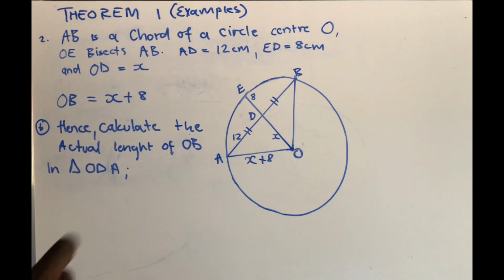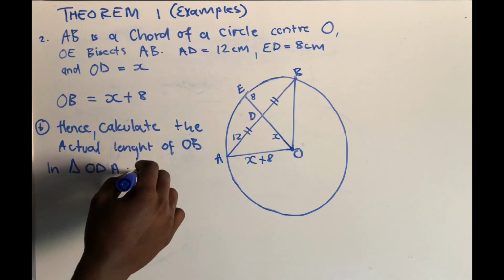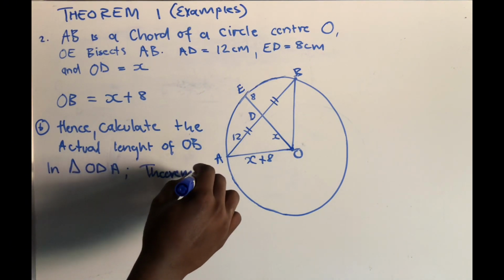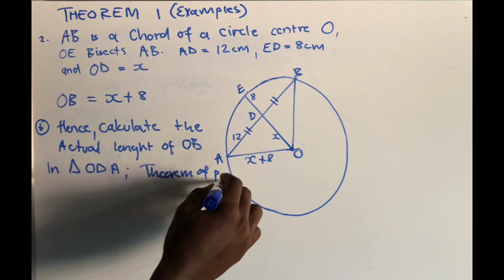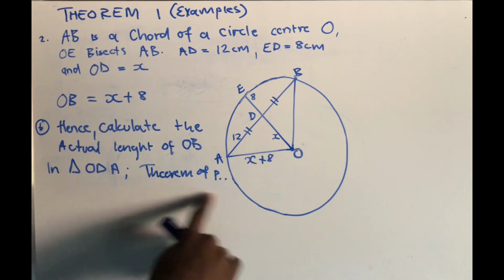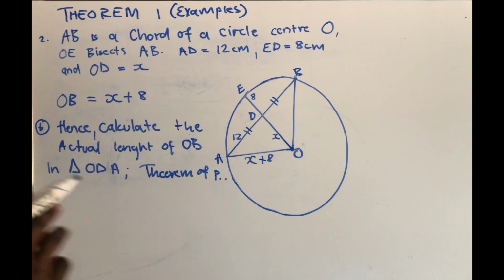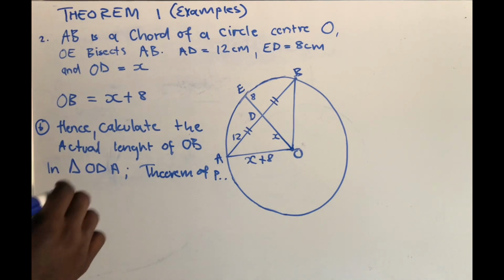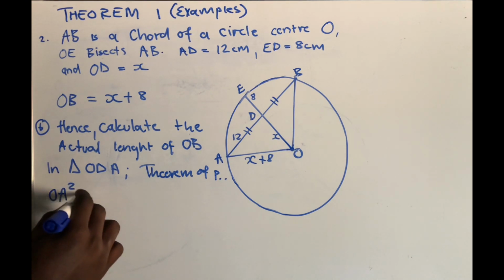And then now in this triangle we use the Theorem of Pythagoras. And you should write this as well. You should write that you are using the Theorem of Pythagoras.